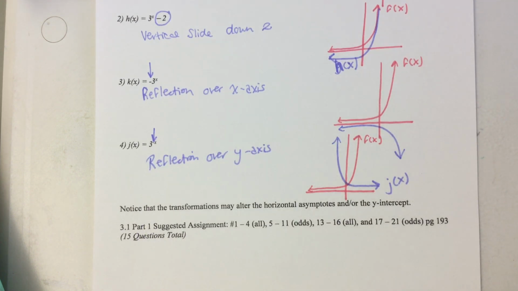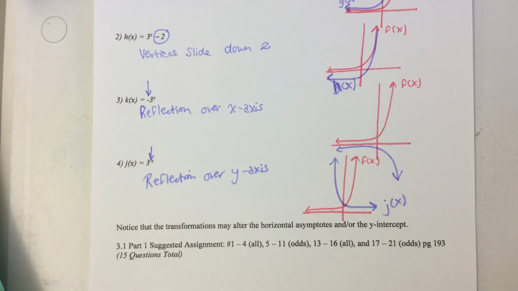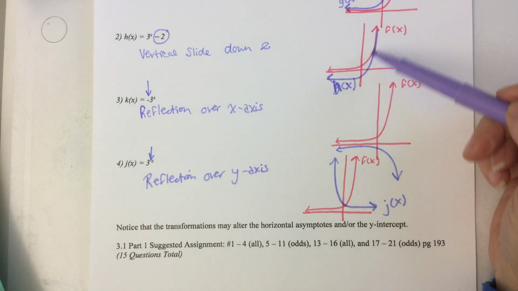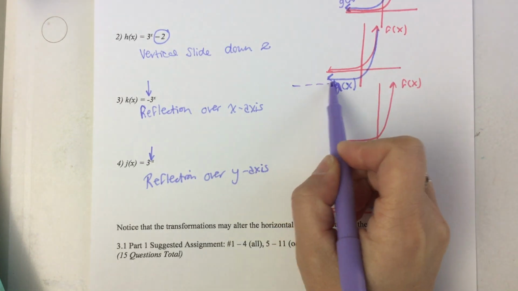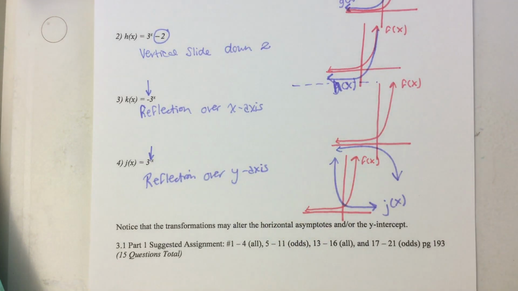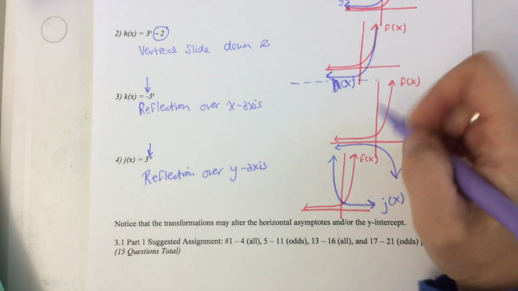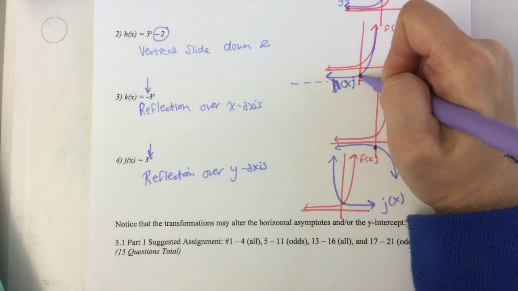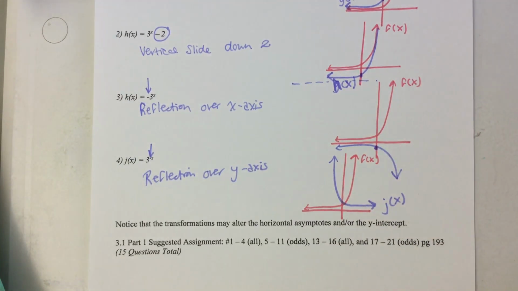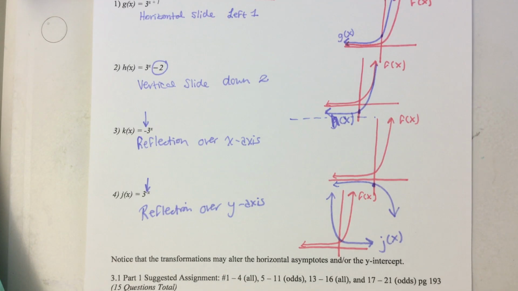Things to notice: the transformations may alter the horizontal asymptote, like when things slide up or down. Here it slid down, so now your horizontal asymptote for h of x would be y equals negative 2. The y-intercepts, more often than not, were different from the original function based off of the transformation.